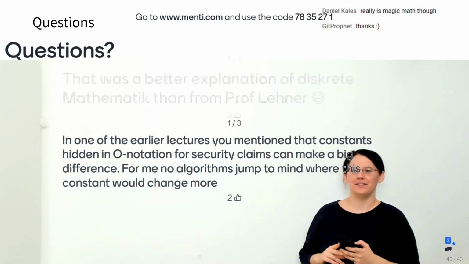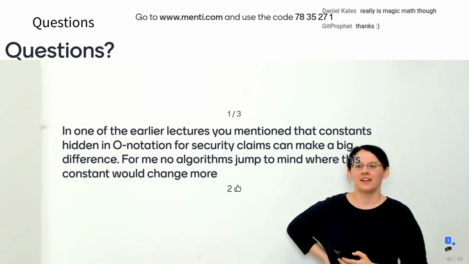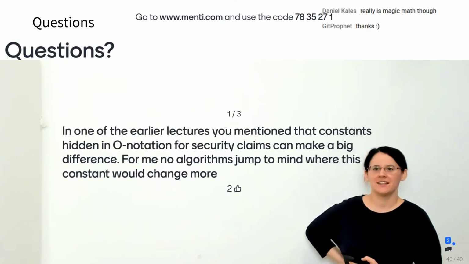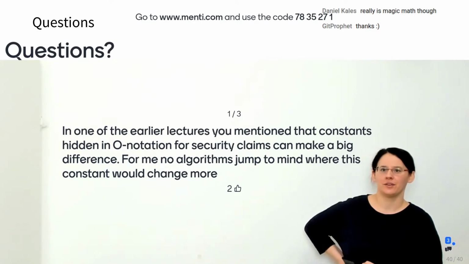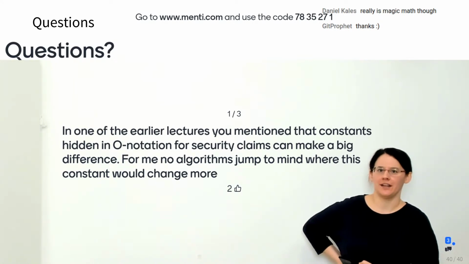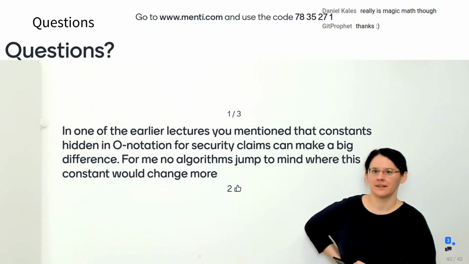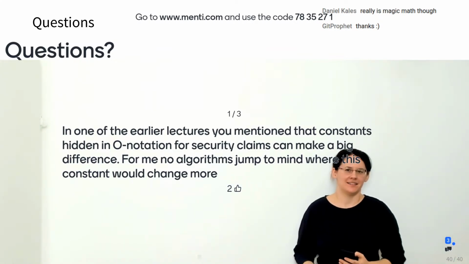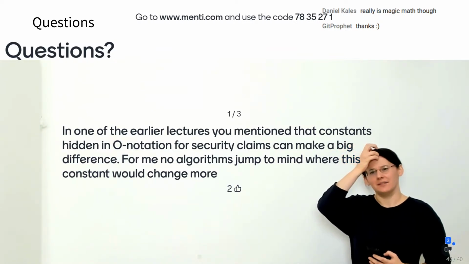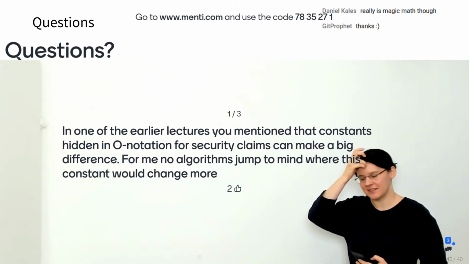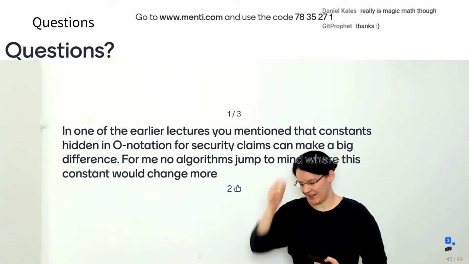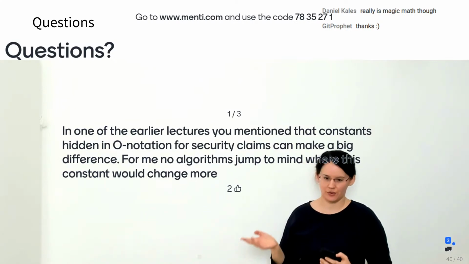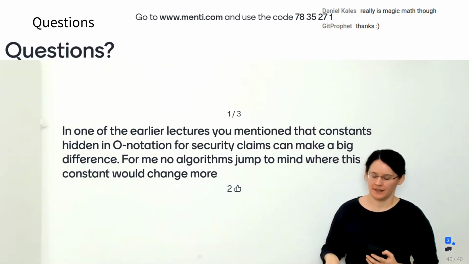Then what else do we have here? In one of the earlier lectures, you mentioned that constants hidden in the O notation for security claims can make a big difference. For me, no algorithms jump to mind where this constant would change more. I think the core of this question maybe is that I say a constant like 1000 or so makes quite a difference.